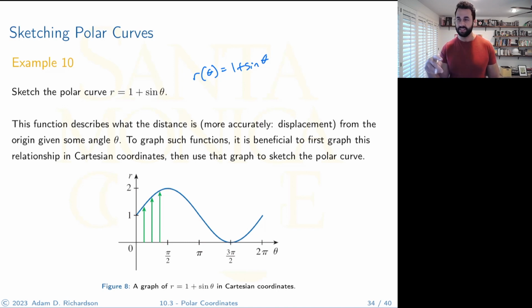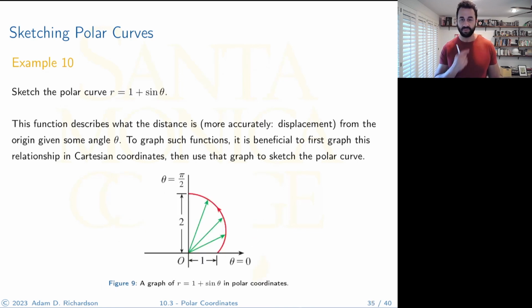And it just keeps telling us. Some things to notice: we're going out increasingly far until exactly there. Then we're not going as far out. And when we're at 3 pi over 2, our radius is actually equal to 0. So there's a point where we don't go anywhere. We're just on the pole. Then we keep going out again.